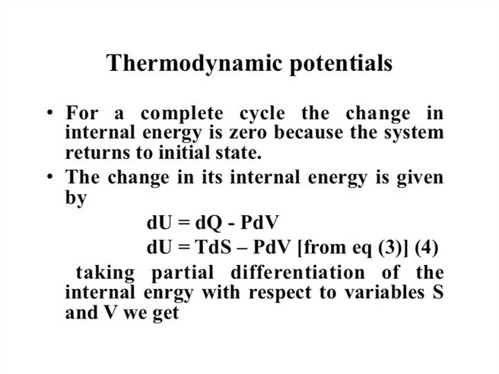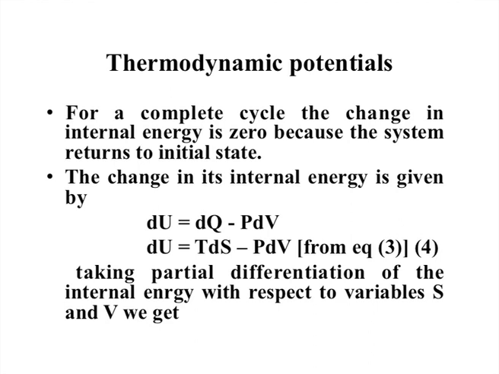When a system passes from one state to another, the change in internal energy does not depend on the path followed, but only on the initial and final states of the system. For a complete cycle, the change in internal energy is 0, because the system returns to the initial state.